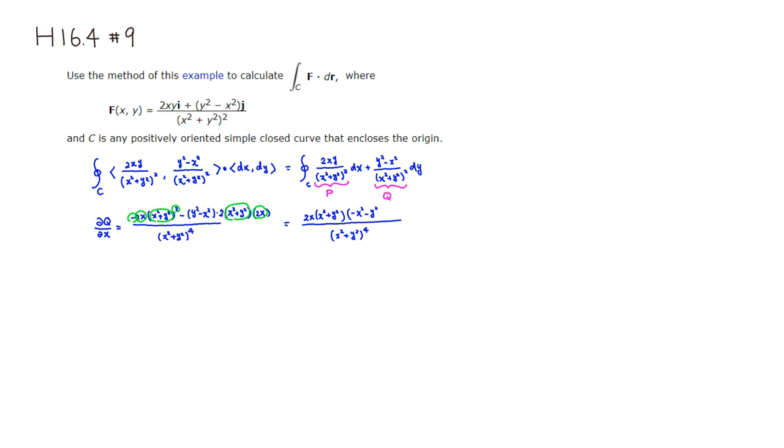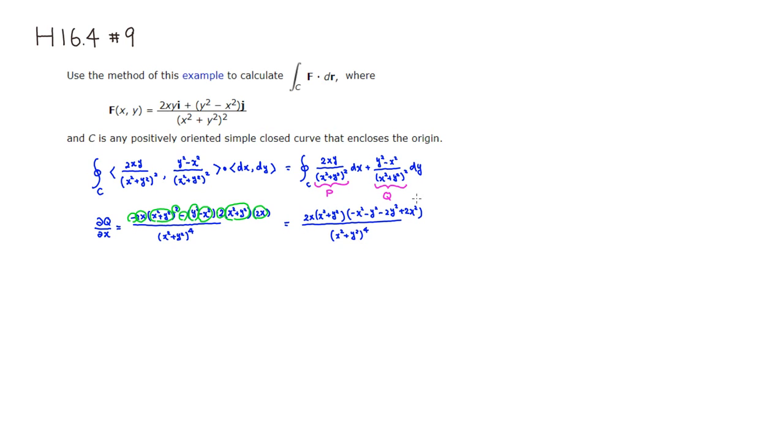Then we have negative 2 times y squared, so minus 2y squared, and then positive 2x squared.